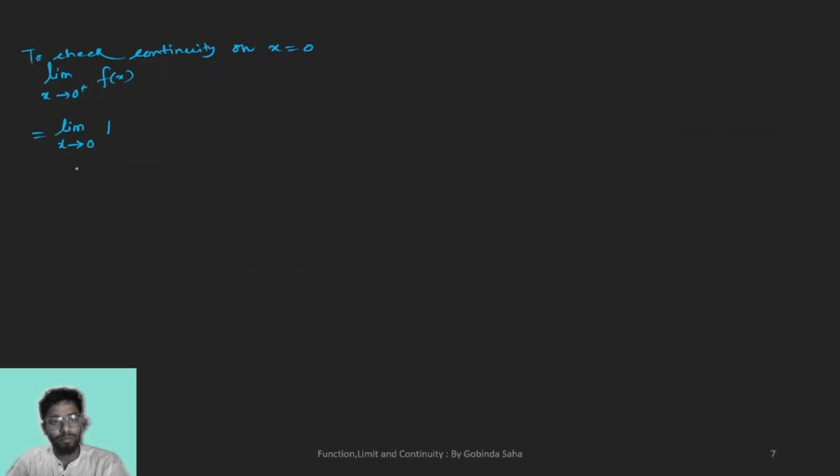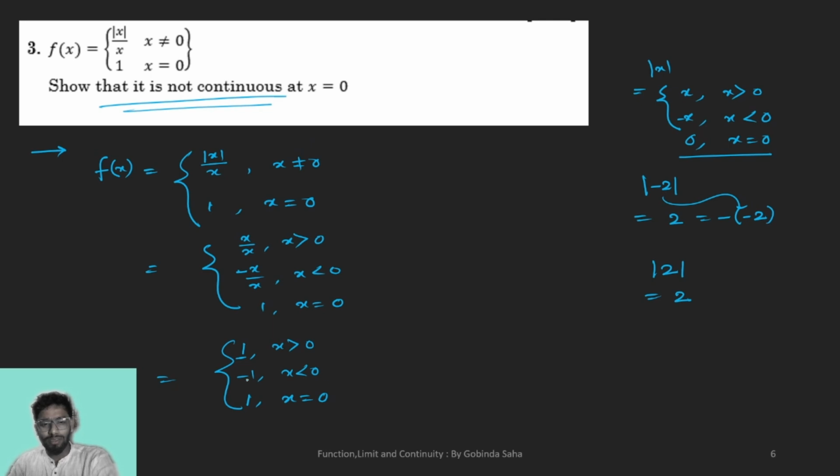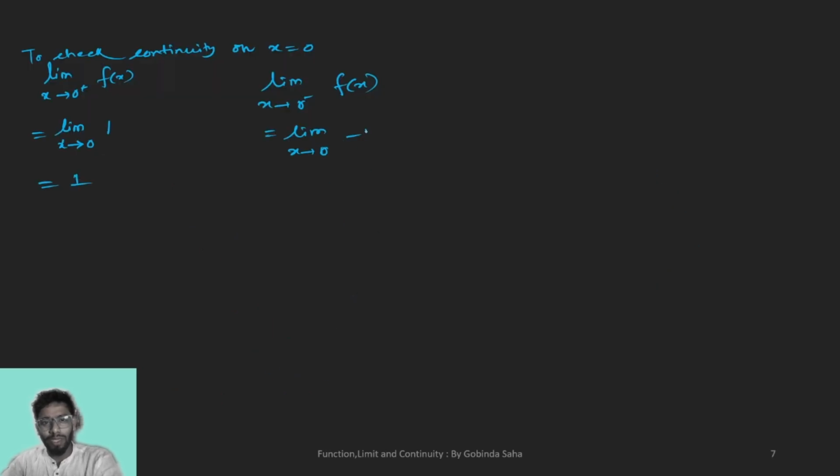So we are putting here 1. So it will be 1. Now if you find the limit as x tends to 0 minus of f(x), which is less than 0, it is going to give you minus 1. So it is minus 1.